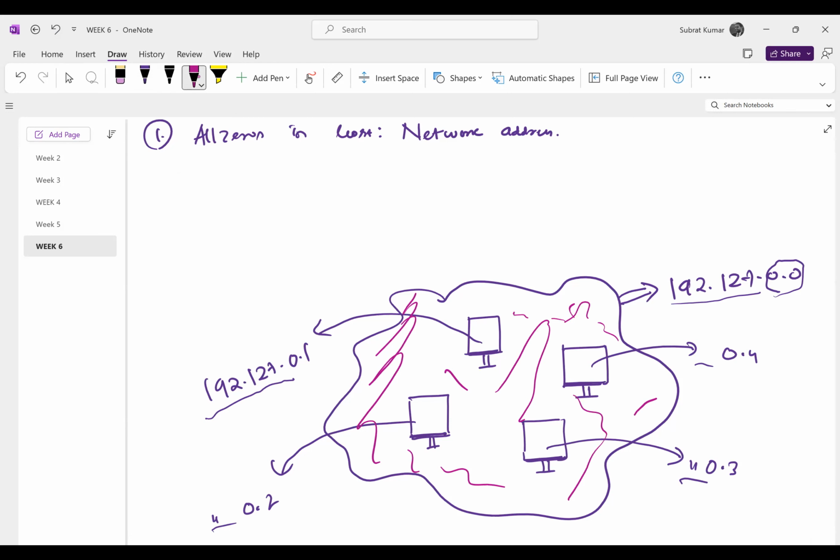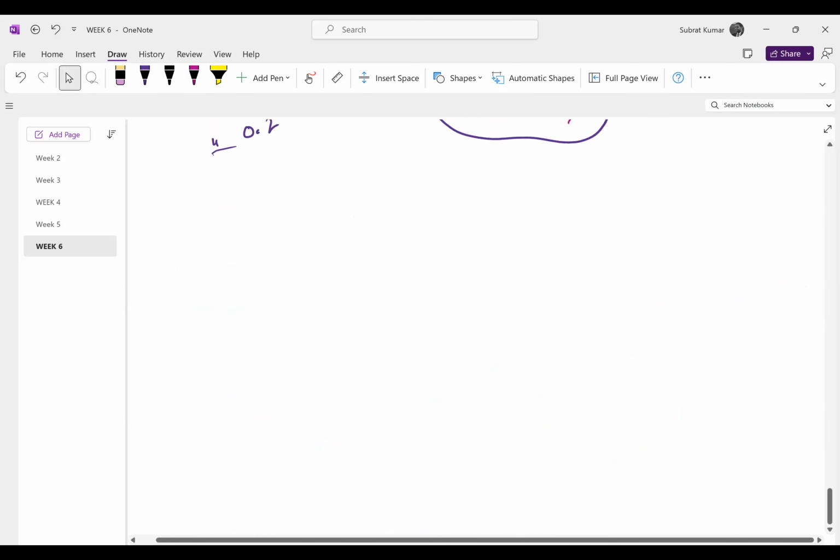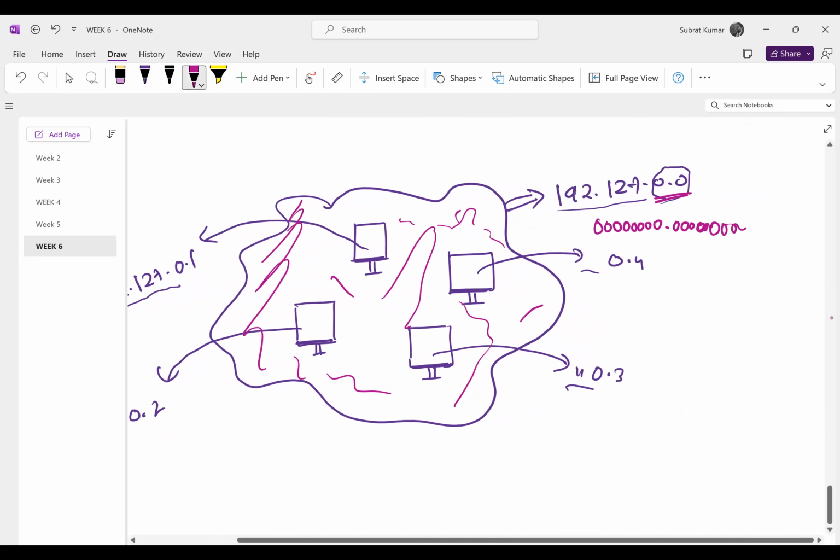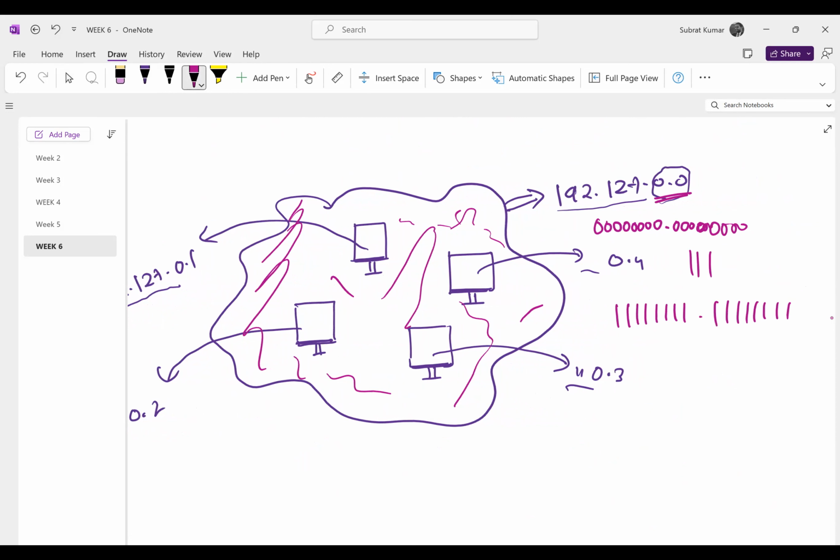Also, if you put 1 in all the bits, like 11111111, this will convert to 255, and this will convert to 255.